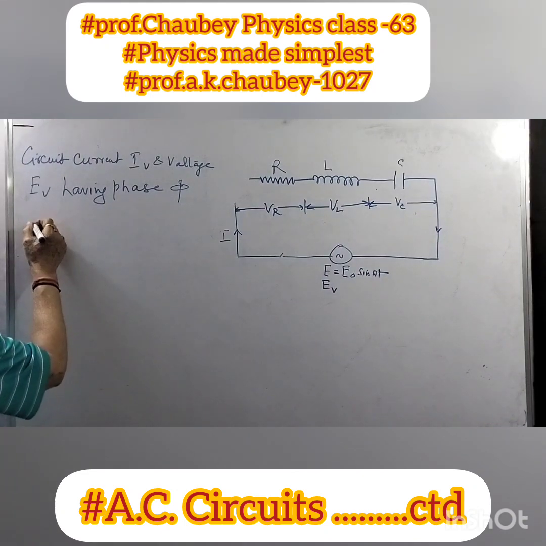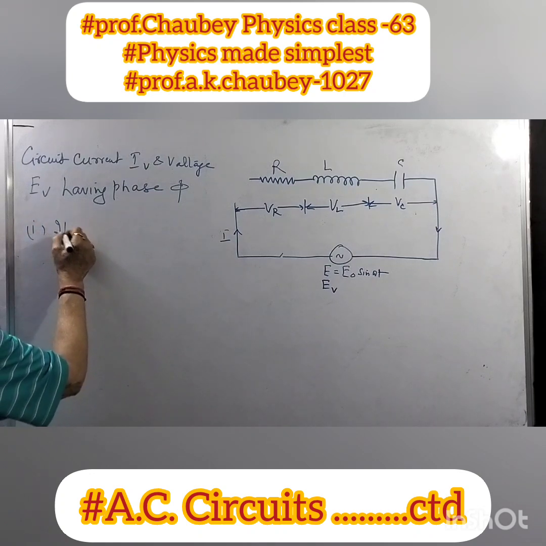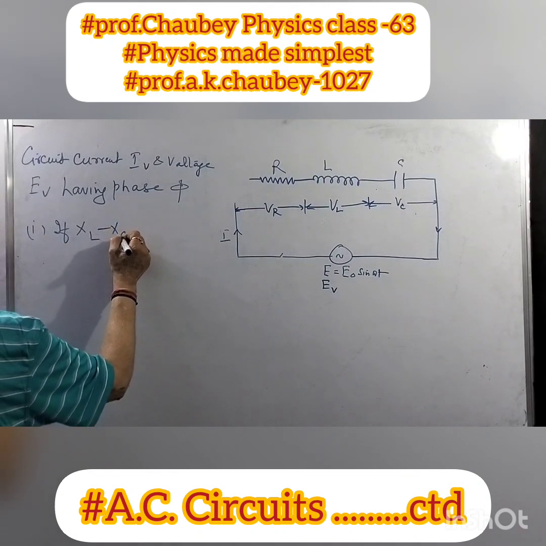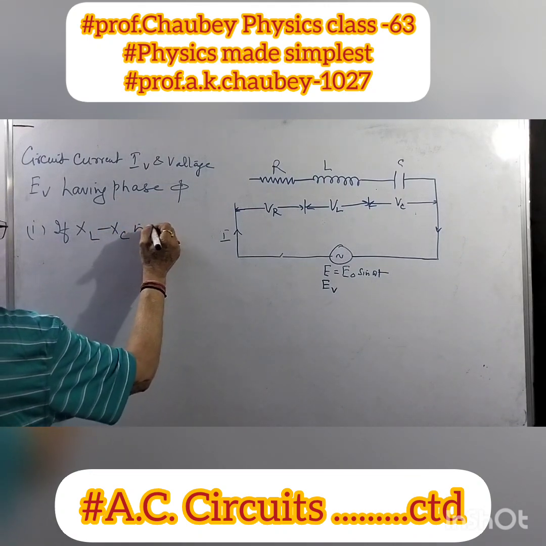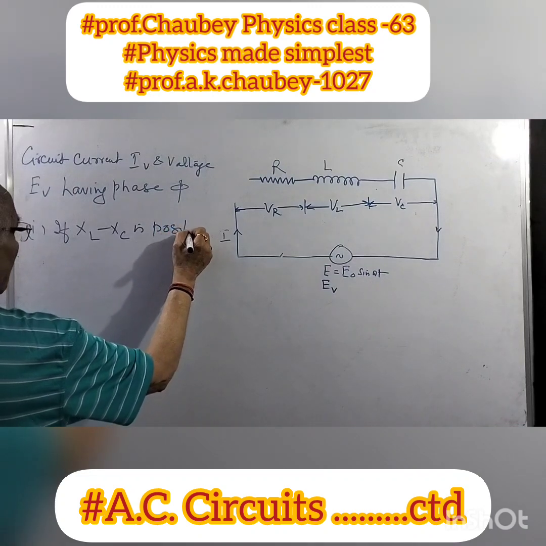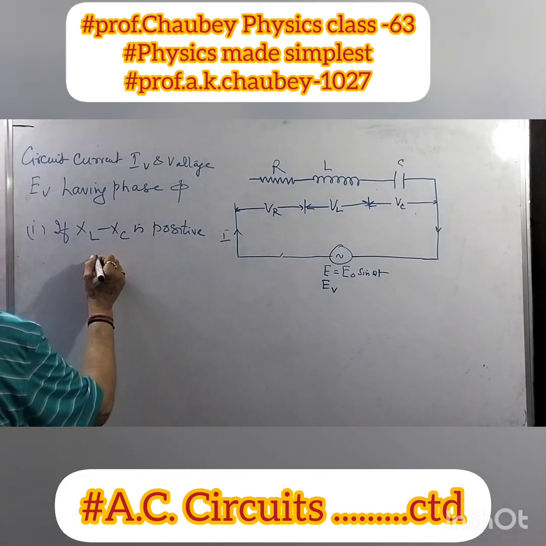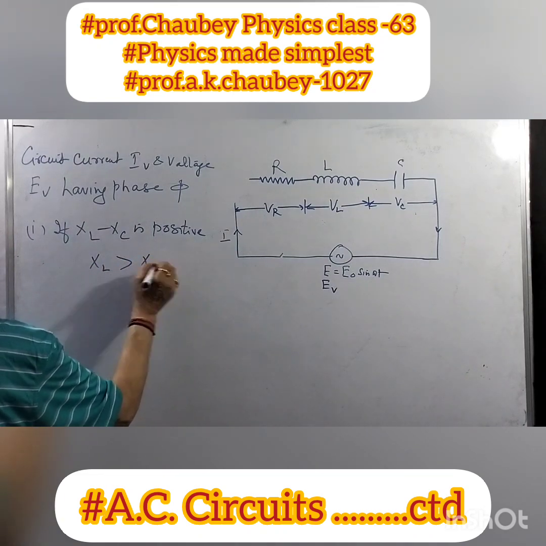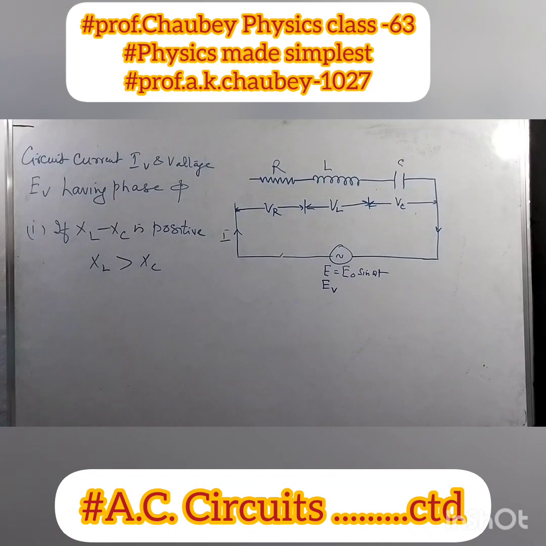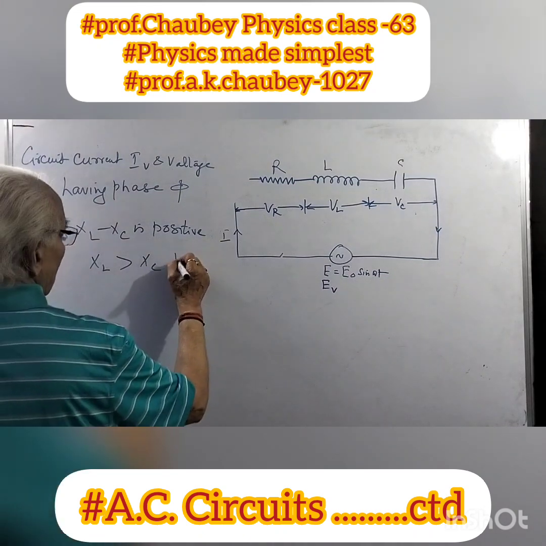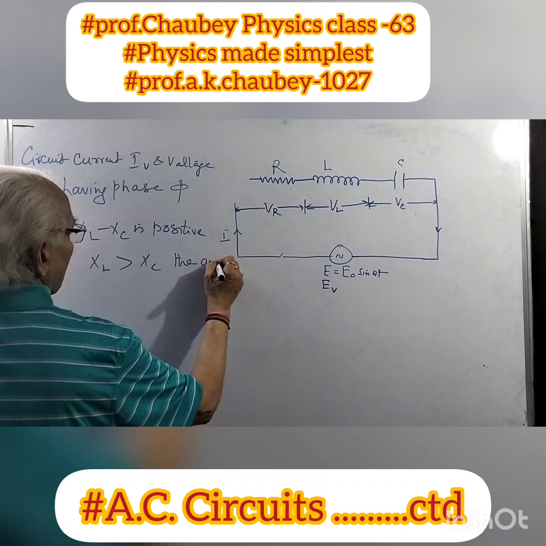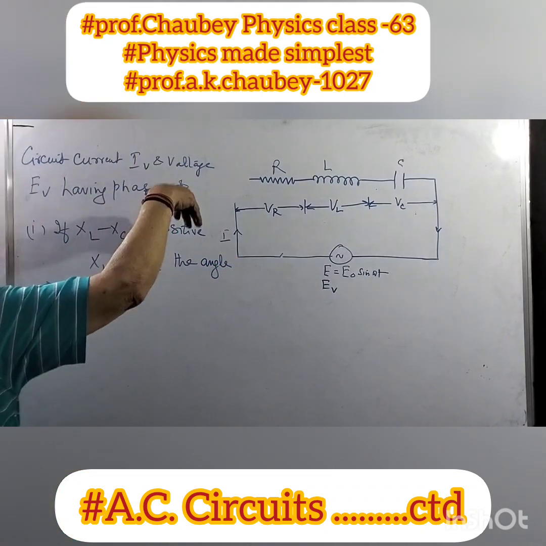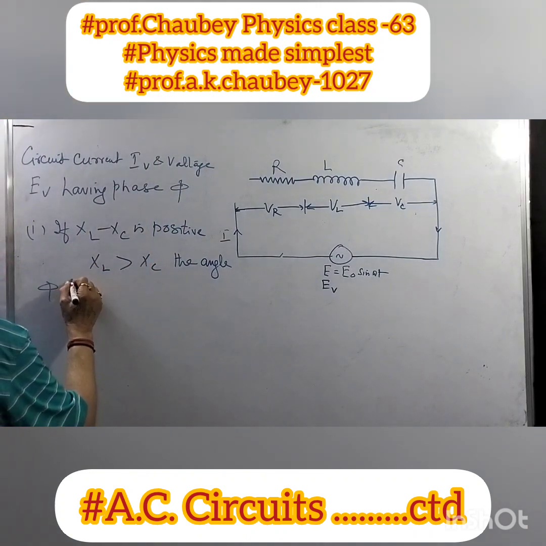Well, we can have, say, if XL minus XC is positive, that is XL is more than XC, the angle phi is positive. Angle phi will be on the positive side because in the upper half the angle phi is positive.